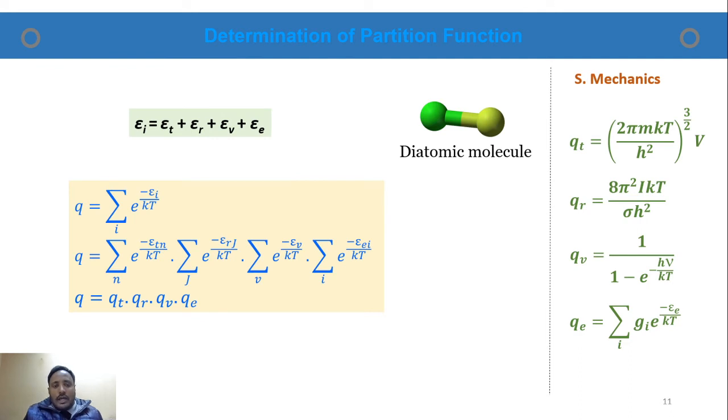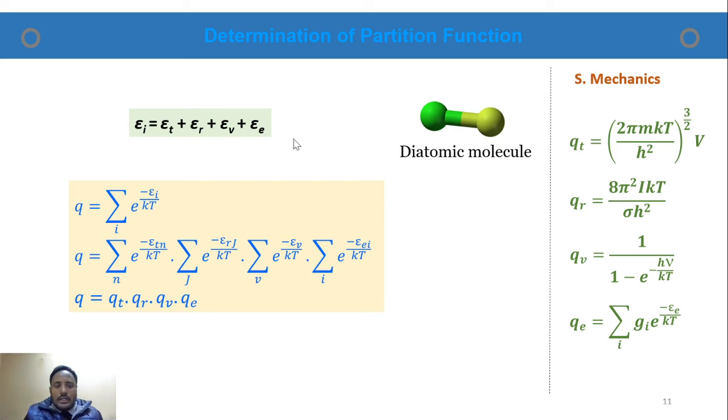Let us see how one can determine the molecular partition function Q. For that, we consider the simplest molecule, which is a diatomic molecule. We know that a diatomic molecule can undergo translational motion, rotational motion, vibrational motion, and also, of course, electronic transition is possible.